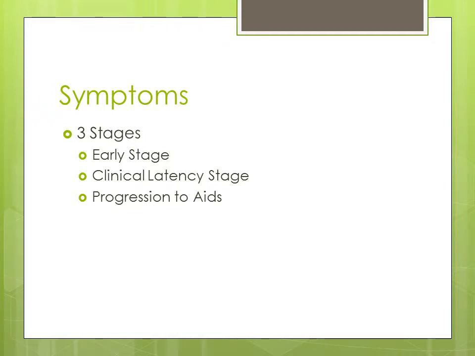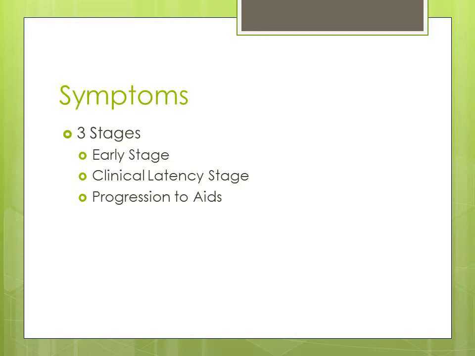During the clinical latency stage, people who are infected with HIV experience no HIV-related symptoms, or only mild ones. This stage is sometimes called asymptomatic HIV infection or chronic HIV infection. During this stage, the HIV virus reproduces at very low levels, although it is still active.